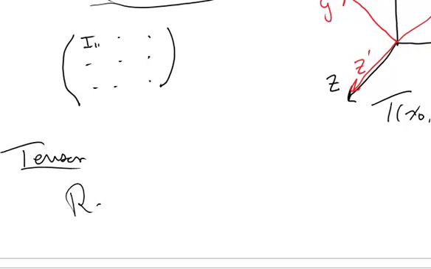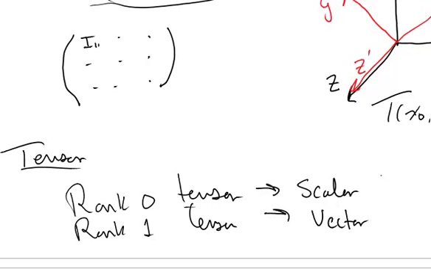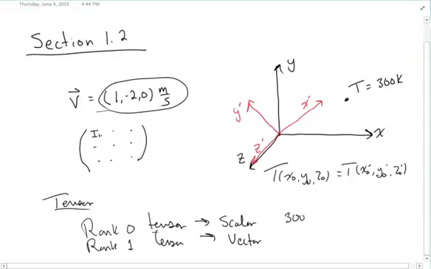So when we talk about a rank 0 tensor, that's nothing more than the scalar. A rank 1 tensor is a vector. So my scalar is, say, 300 Kelvin. A vector then might be my velocity.